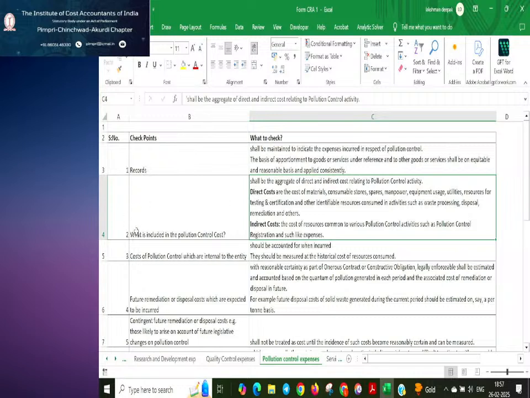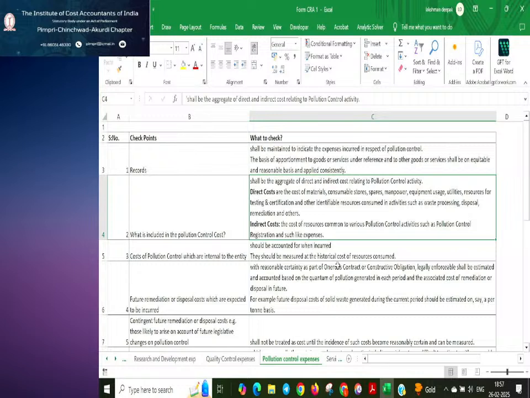Okay, then cost of pollution control which are internal to the entity should be accounted for when incurred, and they should be measured at the historical cost of resources consumed, historical costing. Future remediation or disposal cost which are expected to be incurred. So what is this?